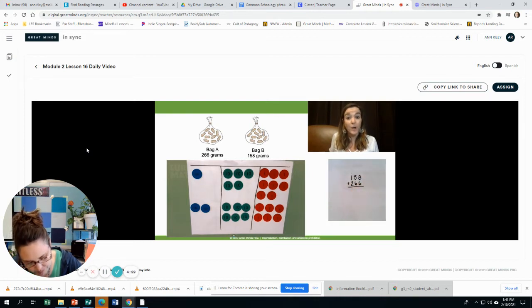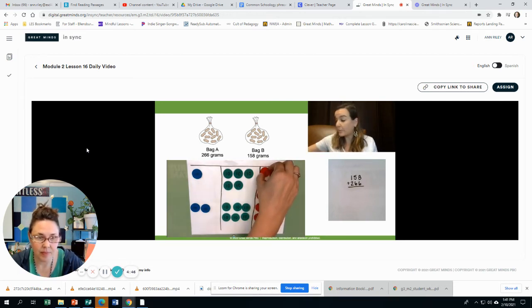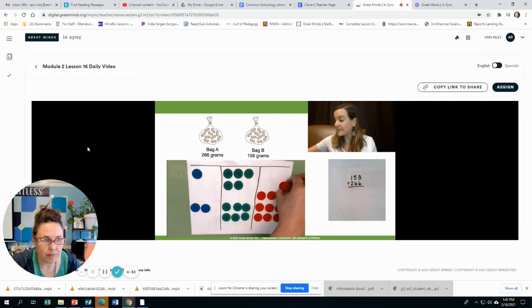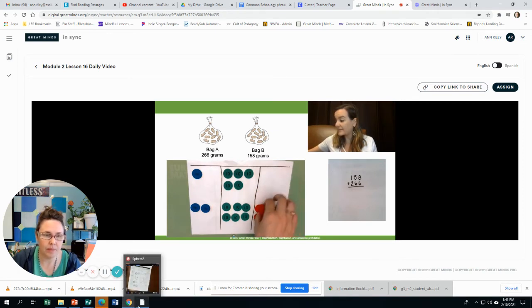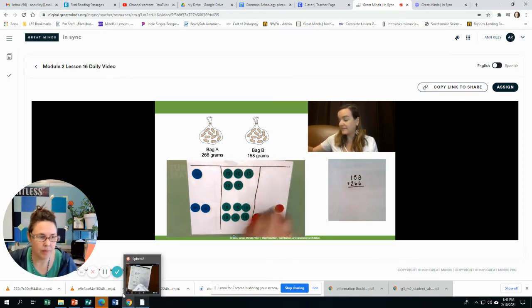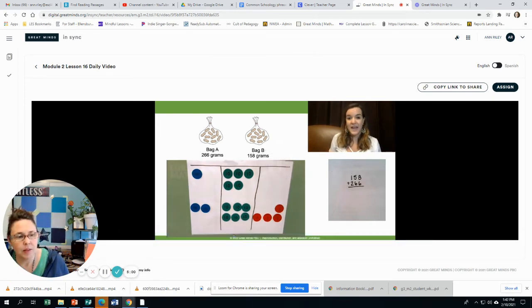Now let's begin our addition with our ones. 8 ones plus 6 ones equals 14 ones. Did you get it? We can bundle 10 ones to make 1 ten. Let's take 10 of our ones discs. 1, 2, 3, 4, 5, 6, 7, 8, 9, 10.